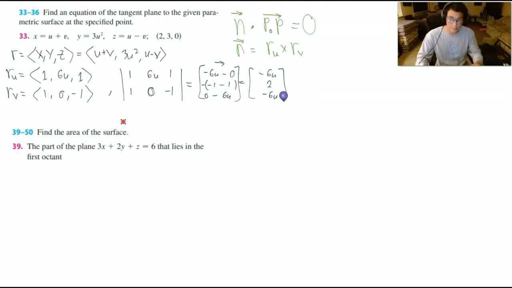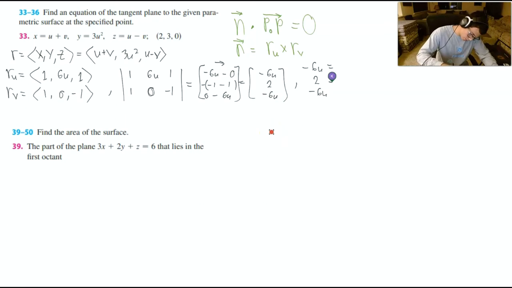So if we think about this vector, we could see that the x part is negative 6u, the y part is 2, and the z part is 6u. So what can we do to find u?